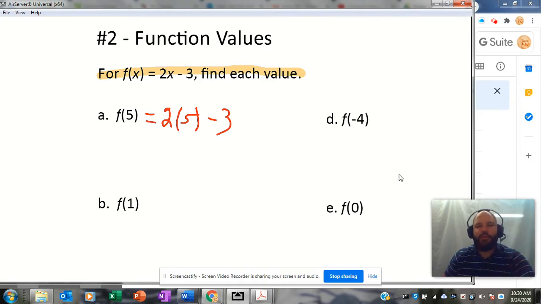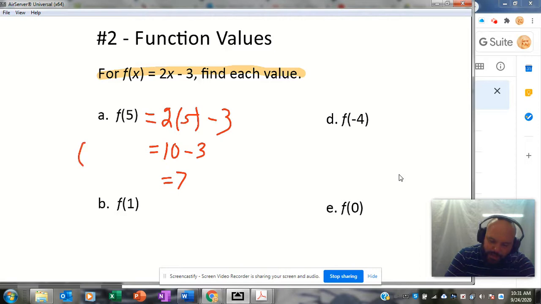From there, we follow PEMDAS and simplify. Multiplication comes first, so it becomes 10 minus 3, which is 7. When you plug the number 5 in, you get the number 7 out. You could also write that as an ordered pair, (5, 7), because that represents inputs and outputs.